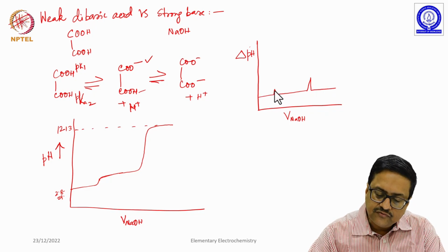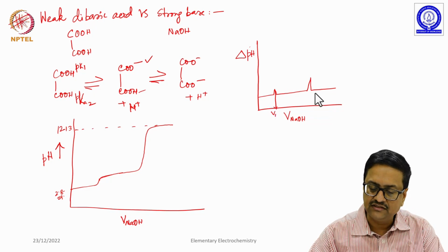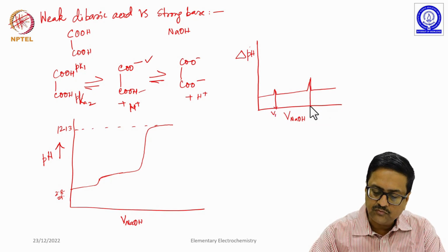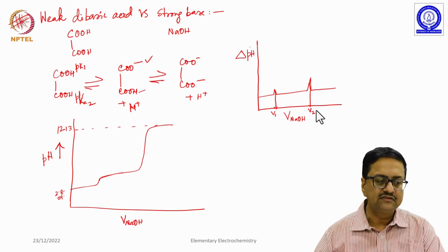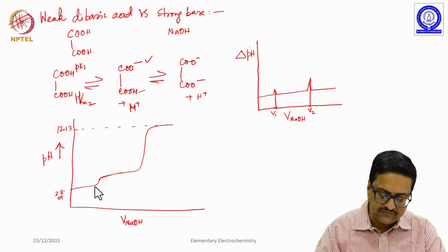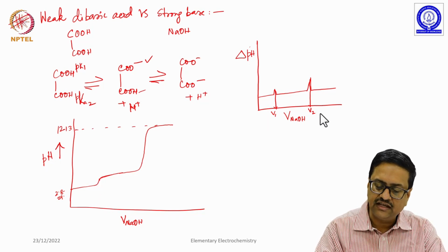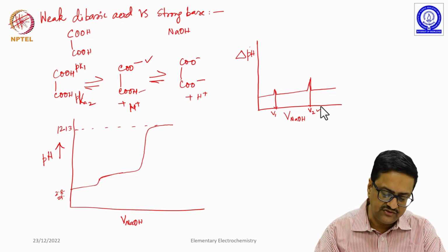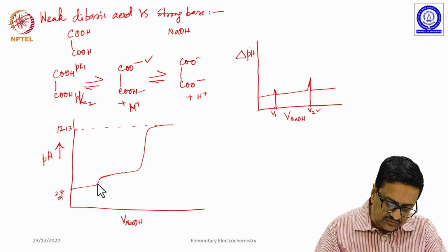So, this first point is V1, first neutralization. This second point is your second neutralization. That is the point where the first acid is neutralized, and this is the point when the second acid is neutralized.